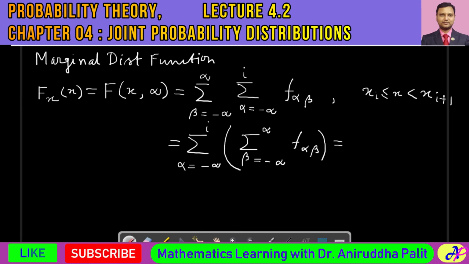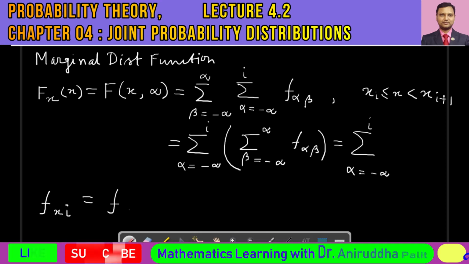And I am going to write it in this way: summation alpha equal to minus infinity to i of a certain quantity. The quantity within this bracket is represented by f x_i, or it has also a different representation, f i dot.